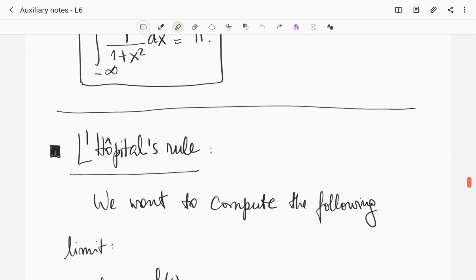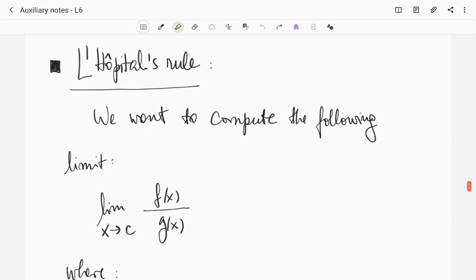Second important tool is this L'Hopital's rule to compute some limits. So we want to compute this limit. We have two functions, f of x and g of x. And we need to compute this limit when x goes to c.